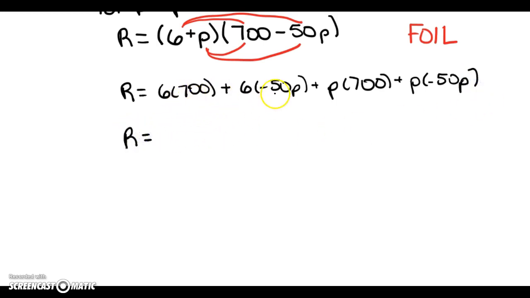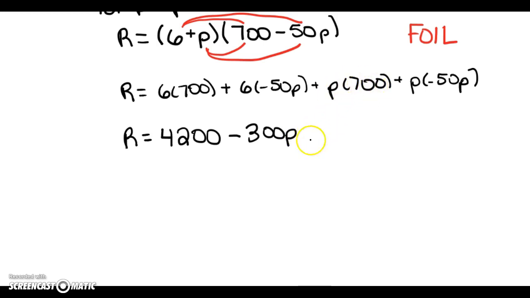Then we can simplify each of these multiplications. First off, we have 6 times 700. If you put that into your calculator, you should find that you will get 4,200. Then we have 6 times negative 50p. Putting that into your calculator, you should get negative 300 times p.